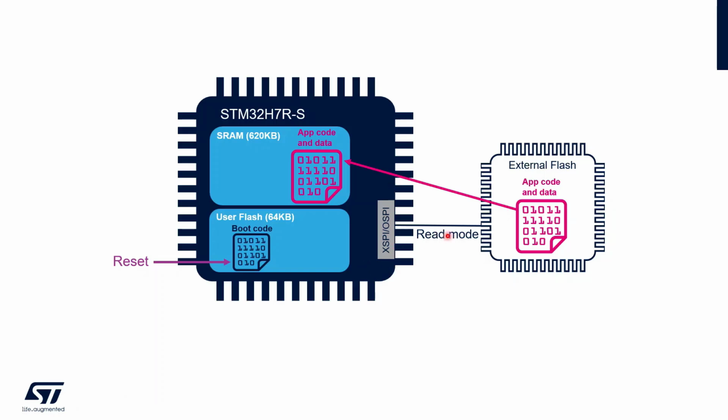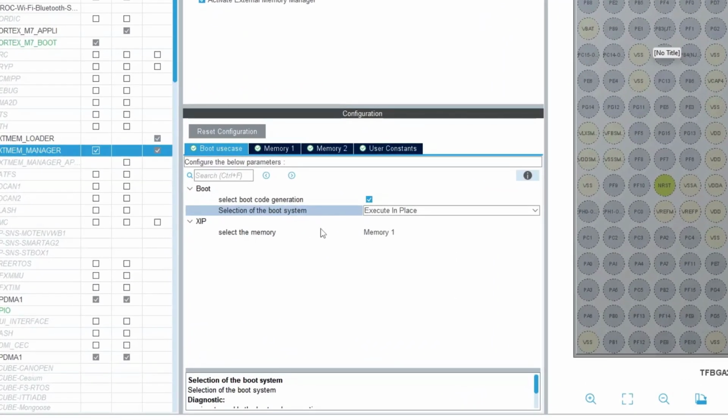For external flash, it can theoretically be used if you want even more performance, because the internal RAM is much faster than the external flash ever will be, because it's inside the STM32. So in our case, we're keeping the execute in place.